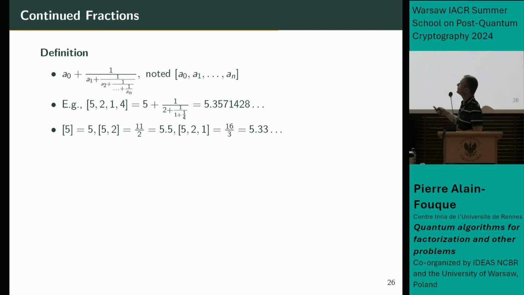For instance, if you have [5, 2, 1, 4], A0 is 5 plus 1 over 2 plus 1 over 1 plus 1 over 4, and it will be this value. If you begin with only the first value here, you get 5. Now you put the second value, and you get something closer to this value.